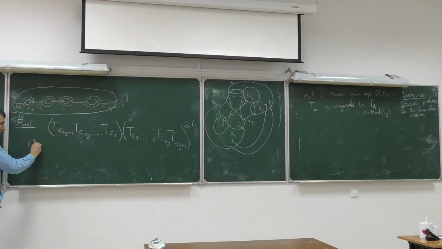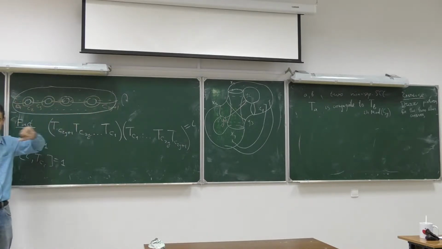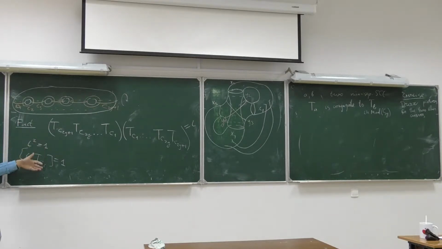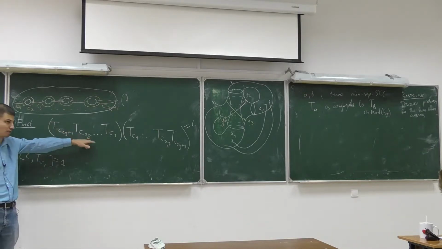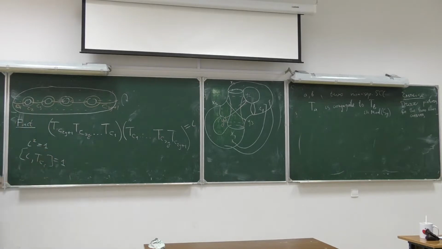We know that iota squared is 1, and iota commutes with any of these Dehn twists, since the hyperelliptic involution takes every curve in this chain to itself. So we have some number of relations. Putting this here, we get such relations.